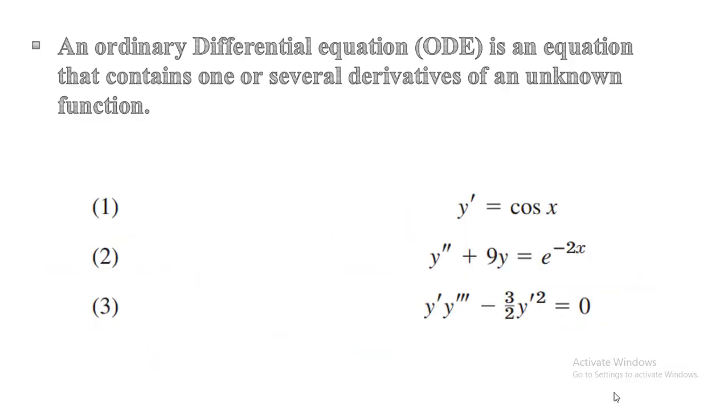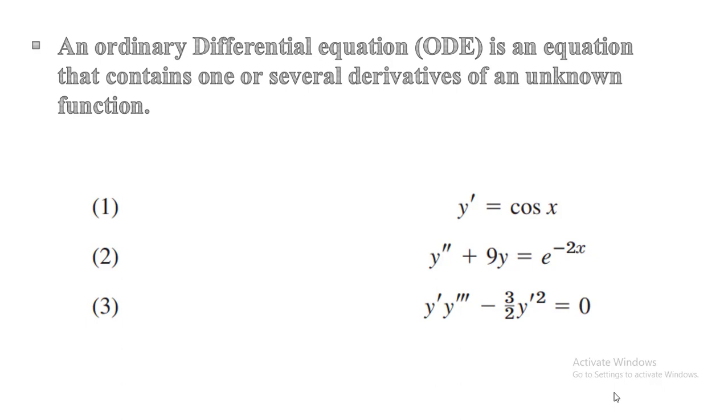An ordinary differential equation ODE is an equation that contains one or several derivatives of an unknown function. The following are examples of ordinary differential equations. First, y prime is equal to cosine of x. Second, we have y double prime plus 9y is equal to e to the power minus 2x.